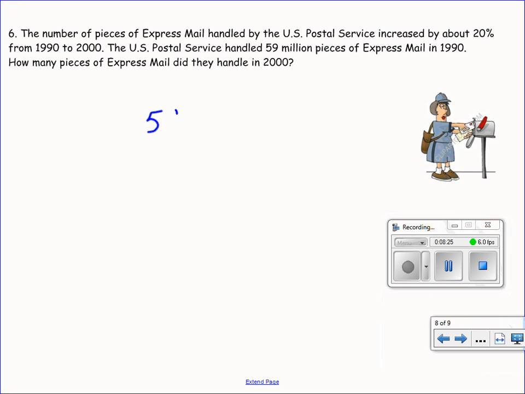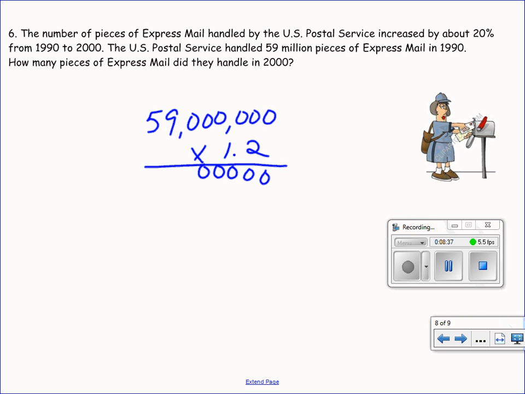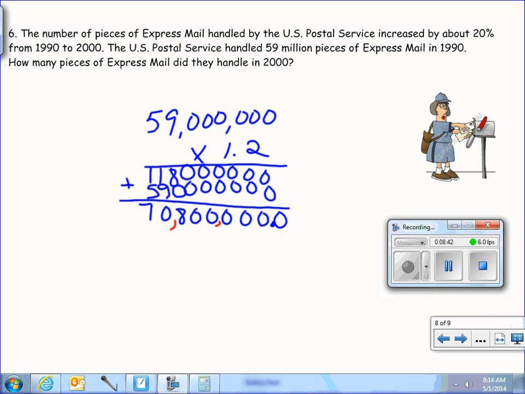So we're going to take 59 million and we're going to multiply it times 1.2. So after we multiplied it, your final answer would be 70,800,000 pieces of mail.